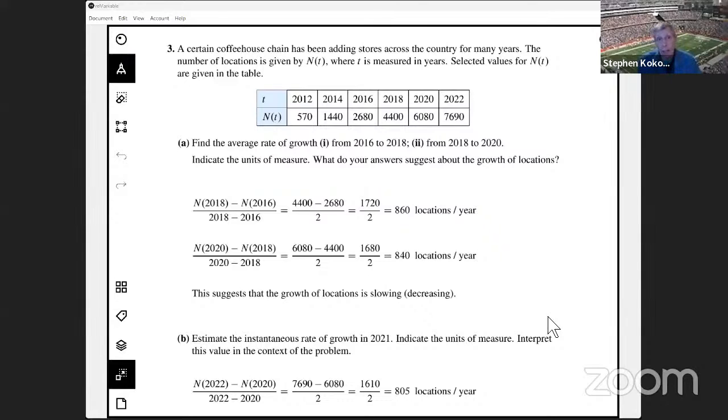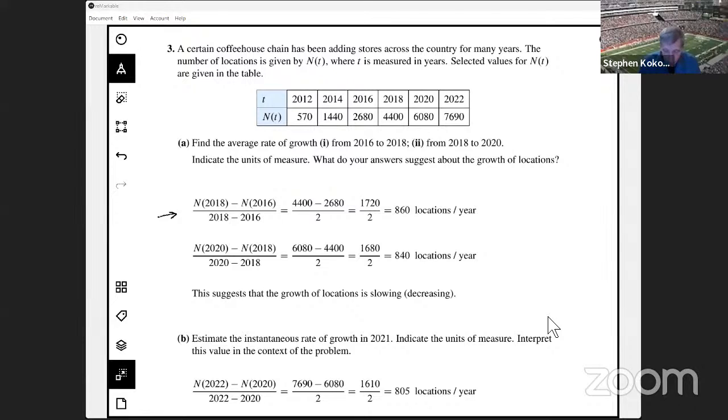I should think a little bit about the units of measure, because on the AP Calculus exam, we're asked about units frequently now. And you might think about what these answers suggest in general about the growth of locations. Well, I'm really taking a look at a difference quotient to find this average rate of growth.